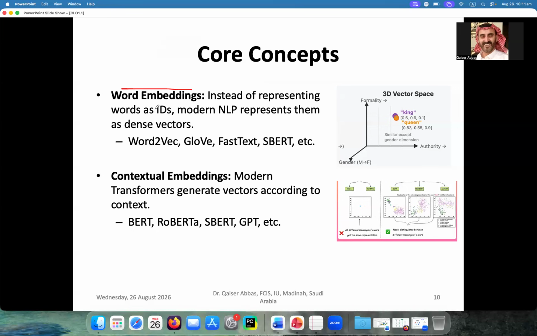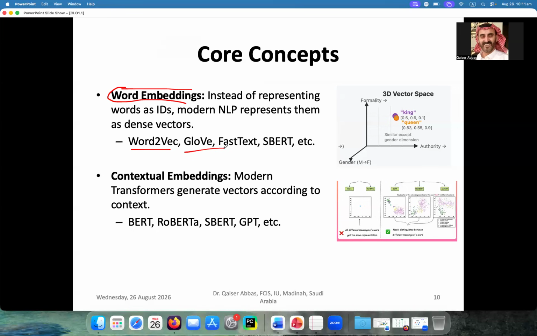And what are the models which are using this idea of word embedding? Word2Vec is also an NLP model, which during the input phase converts your sentences and the words in them into vectors.